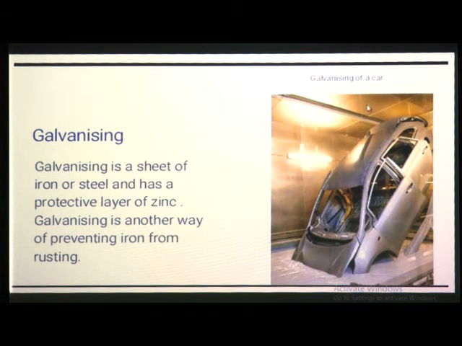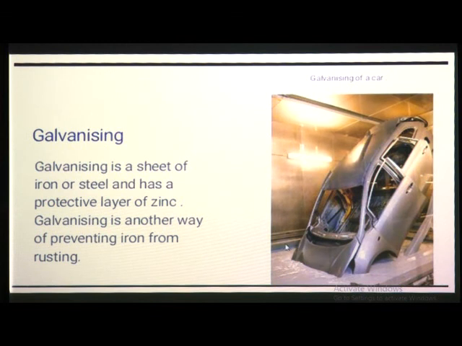Here you can see galvanizing of a car. This car is made up of iron and some other metals. We don't want this car to get rusted because of air and water, so we dip this car in zinc solution or chromium solution so that it will not get rusted.